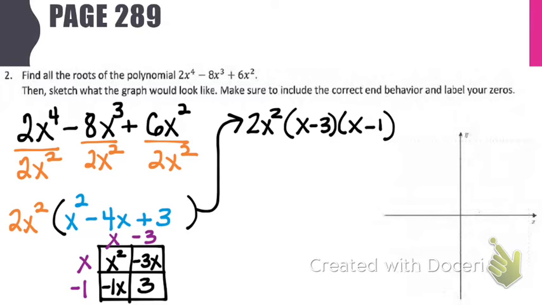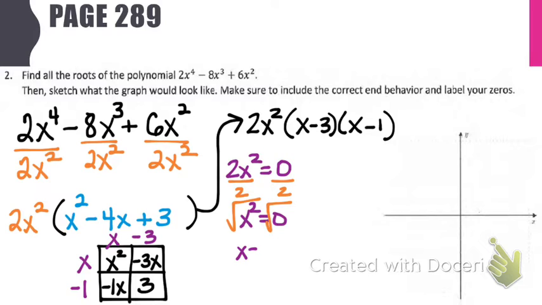So let's start off with this 2x squared. Let's solve that for x. So in order to solve that for x, we would divide by 2, and then take the square root. And what do you think the square root of 0 is? 0.